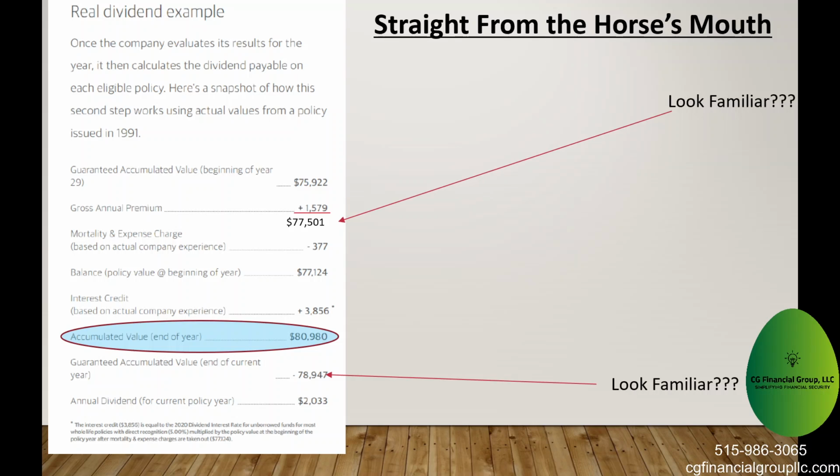So now let's go on to the truing up process that this company had done. This is a piece put out by a company, and what I just did with the previous slide was reverse engineered to the guaranteed ledger. So what the company said is, okay, here is what actually happened with a policy like this. You have the premium going in, so you have the $77,501.